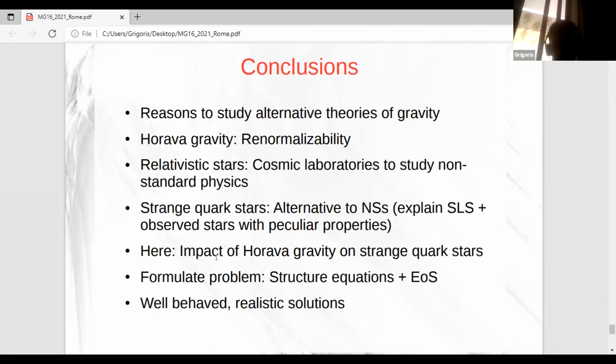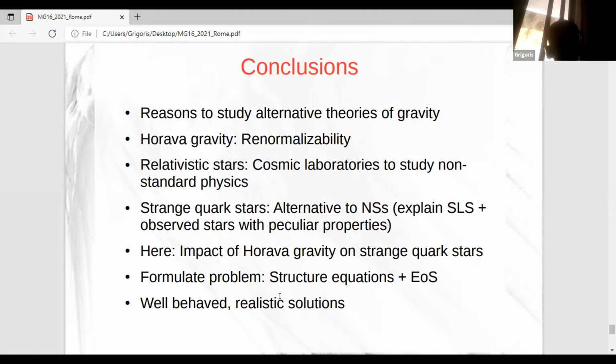Certain observed objects with peculiar properties are considered to be good quark star candidates. Here in this work, we have studied the impact of Horava gravity or Einstein-aether theory, because, as I said, at least in the low energy limit of Horava gravity, the two are equivalent. We have studied the impact of both theories on strange quark stars.